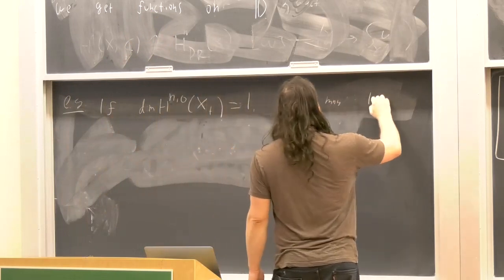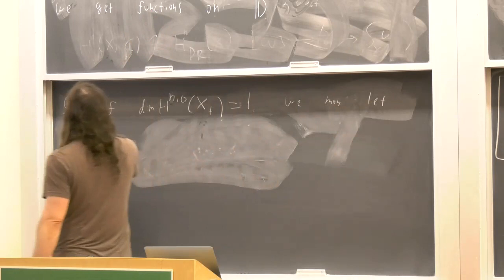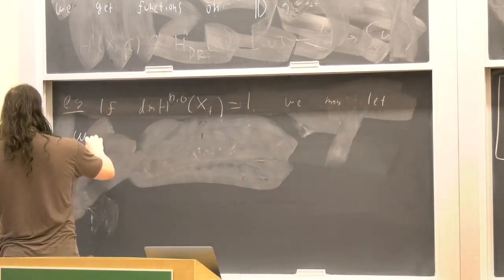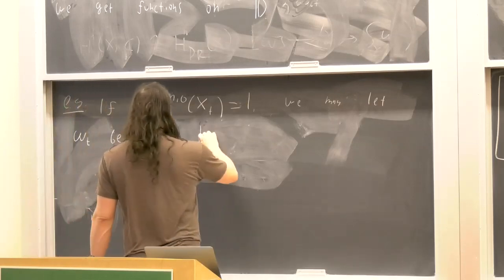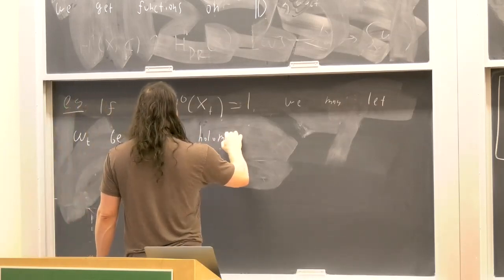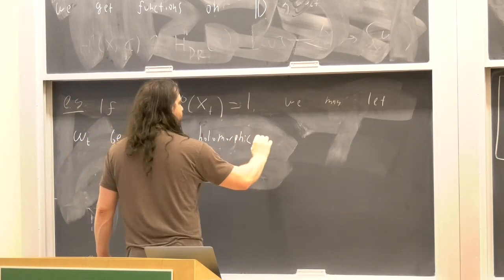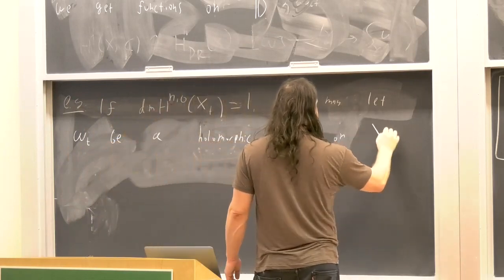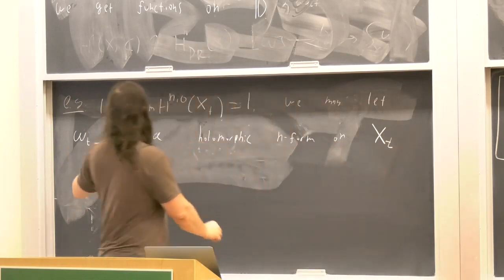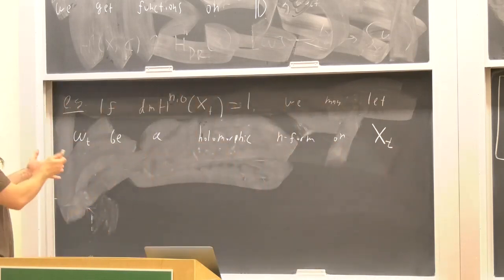We may let omega sub t be a holomorphic n-form on x sub t. We can let this vary in some nice way, perhaps even holomorphically.